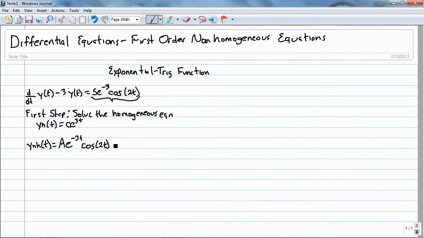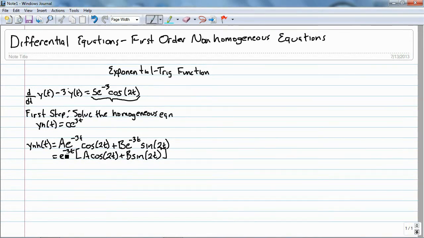So I need to add in b e to the negative 3t sine of 2t. And I can bring the e to the negative 3t out, and this is my test.